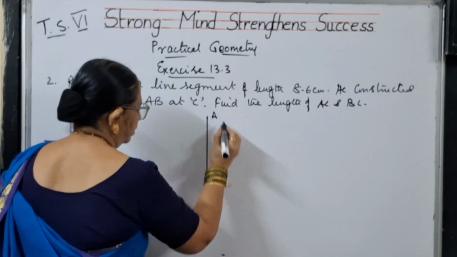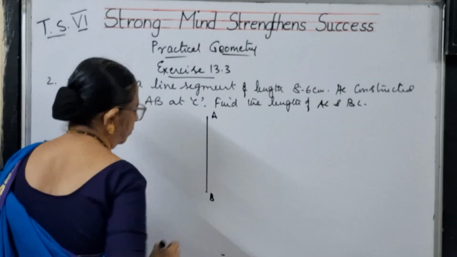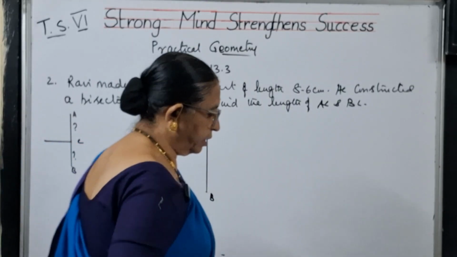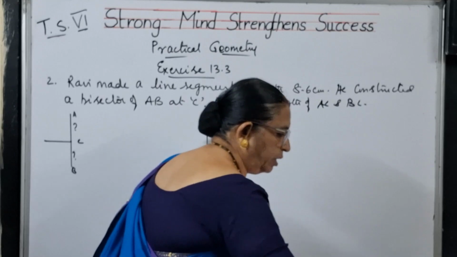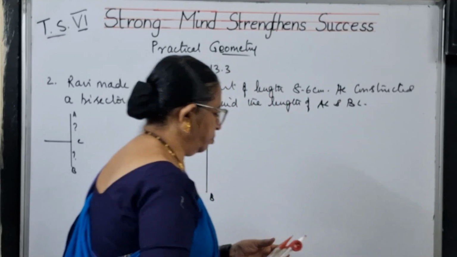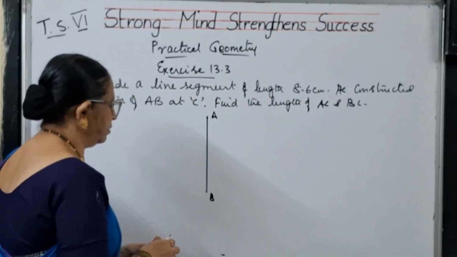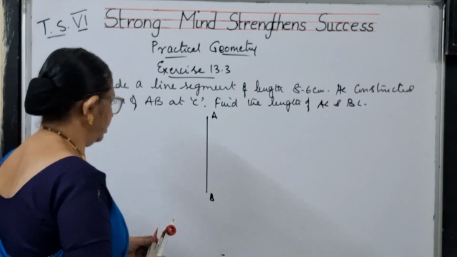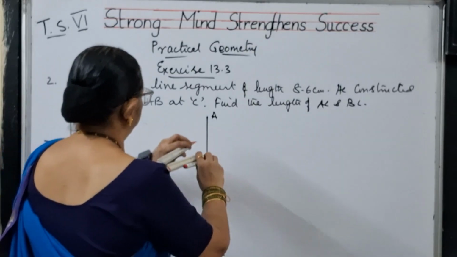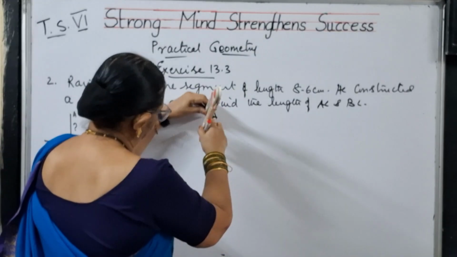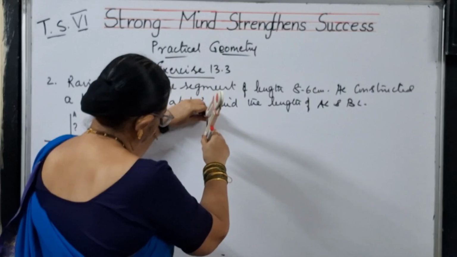This is A and B. Now you will be getting the middle point only when you draw the perpendicular bisector of AB. How will you draw? The same thing that we have done in the earlier case.